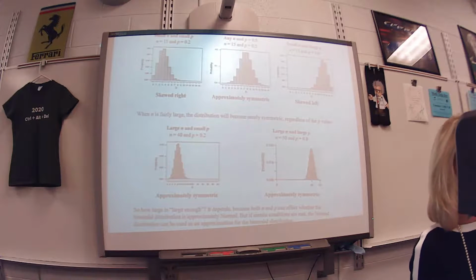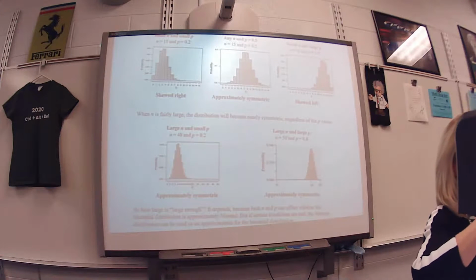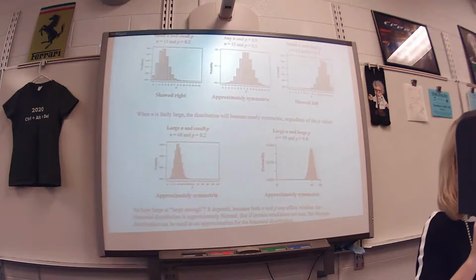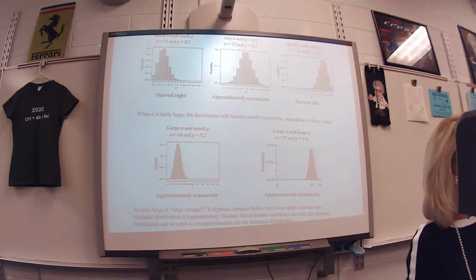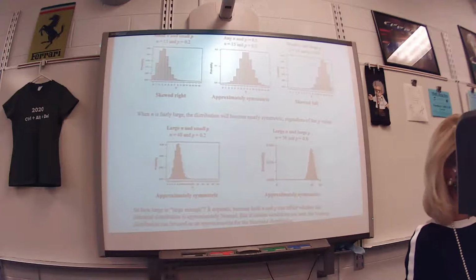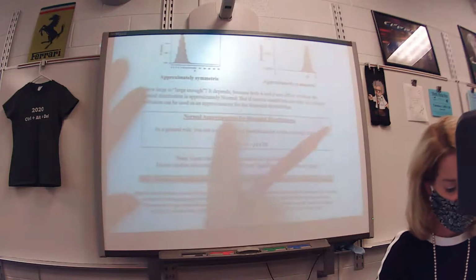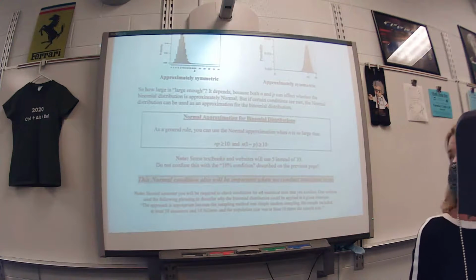So even if you have a really off-balance probability, but your n size is large enough, you still might be able to use the normal distribution. And they actually call this the normal approximation.